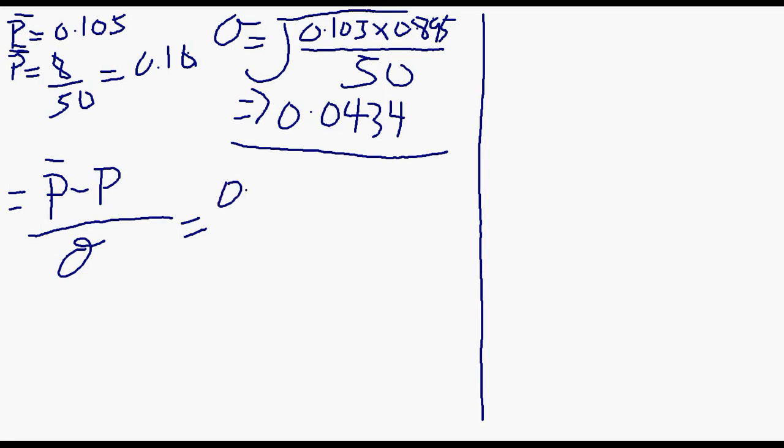P bar is 0.16 minus 0.105, all over 0.04.